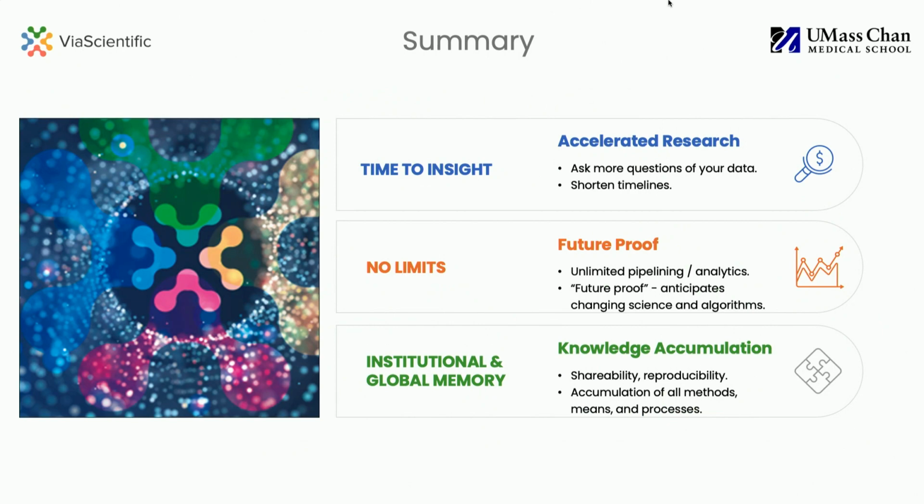So what we want to do is accelerate research. We don't want to reinvent the wheel again and again. We just want to share all these reusable modules with people and make it open. Everybody can see the code behind it. If they like it, they can use it. If they don't like any part of that code, they can go and change it and rerun the whole pipeline.